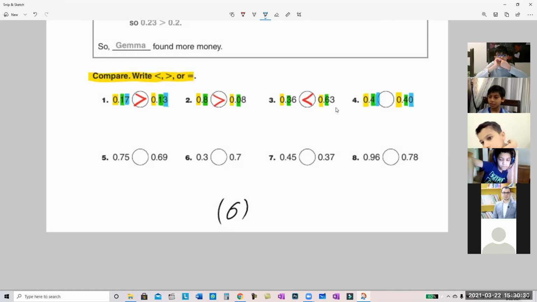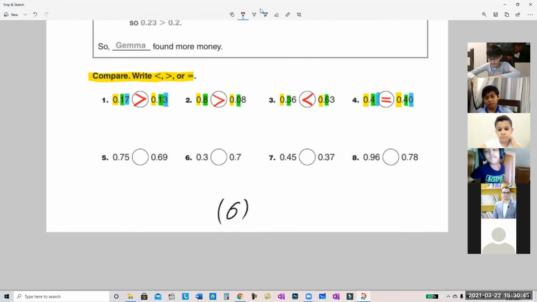Yes, they are equal, because 0 is nothing. So we have the same number on both sides. So they are equal. Okay, so 0.4 is equal to 0.40.